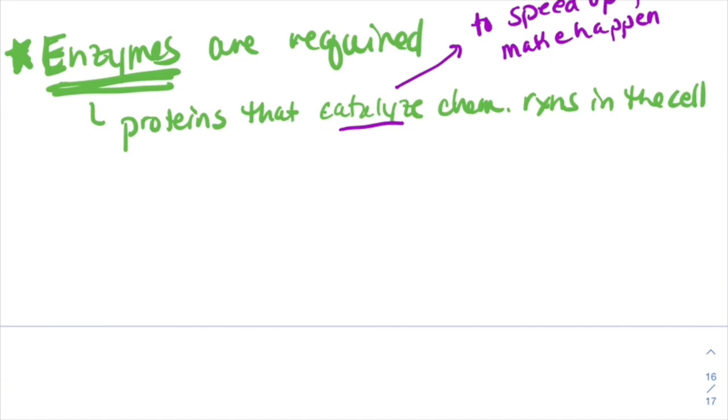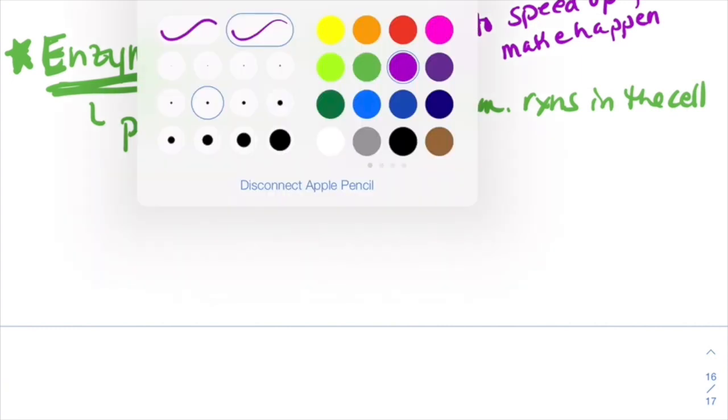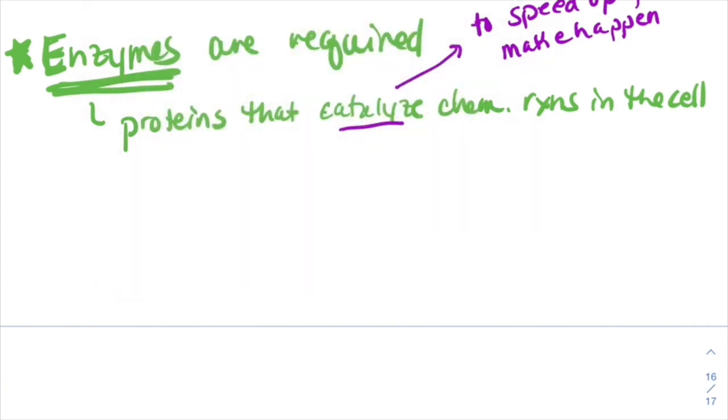And if that enzyme's not there, that chemical reaction is going to happen so slowly, it's probably never going to happen. So catalyze. To catalyze means to speed up and make happen. Back to green here. Proteins that catalyze chemical reactions in the cell.